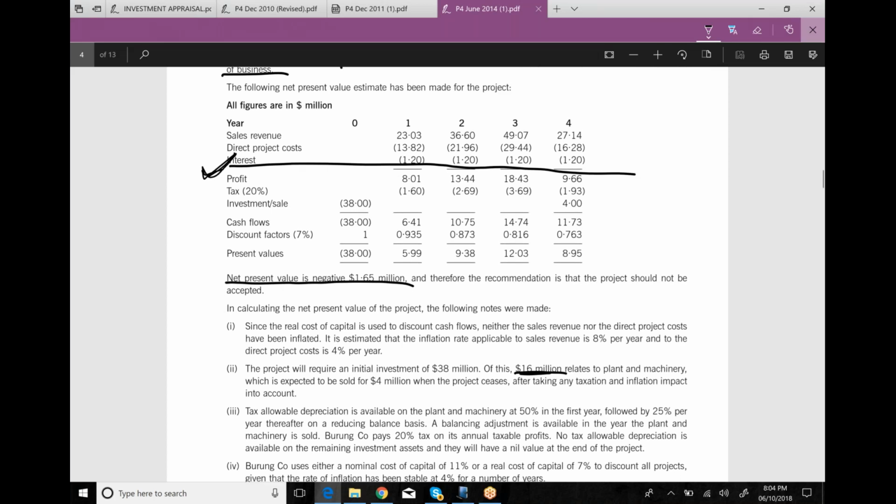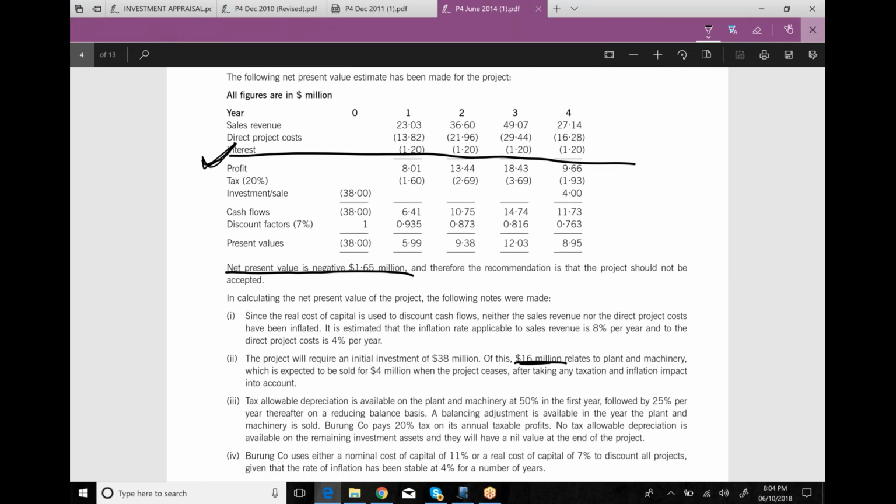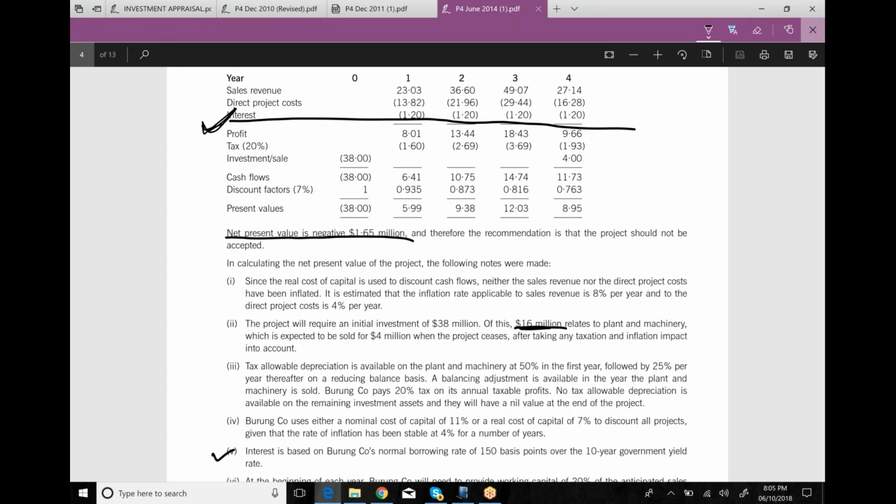A balancing adjustment is available in the year that plant and machinery is sold. Now, remember in the last year we do some calculation: from net book value, we minus scrap value, right? So that is basically your balancing adjustment. Burung company pays 20% tax on its annual taxable profit.